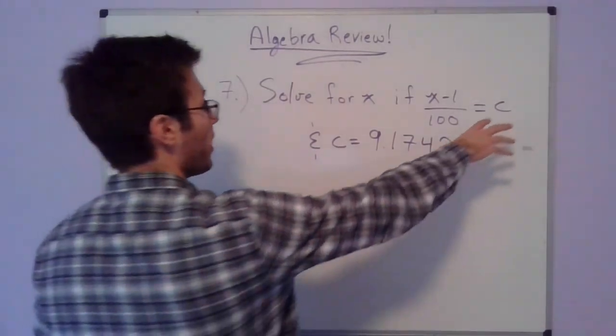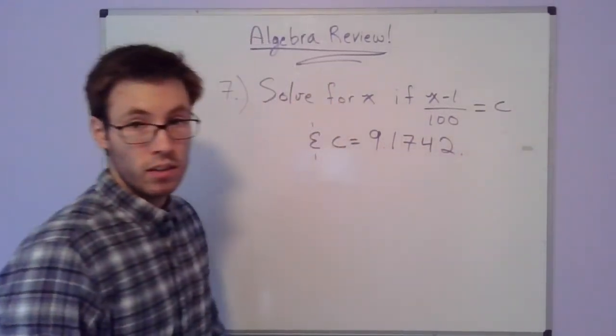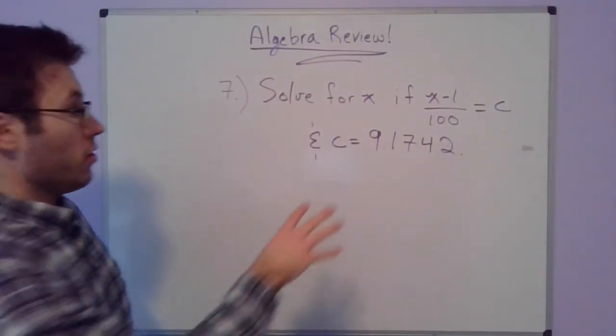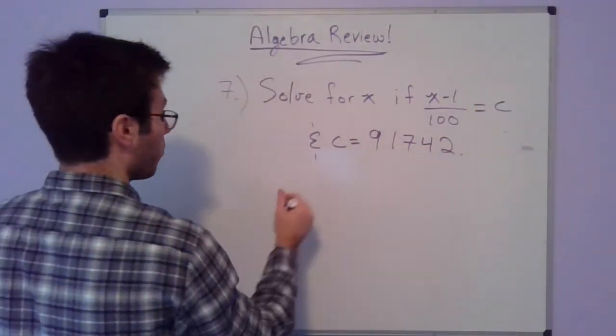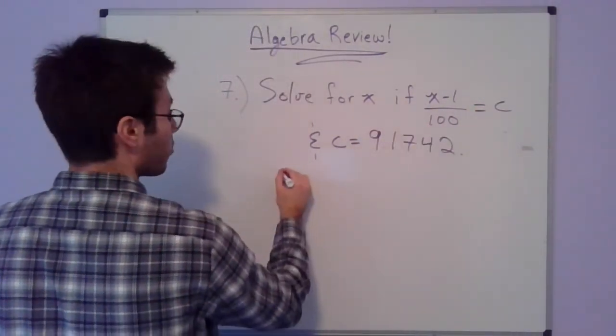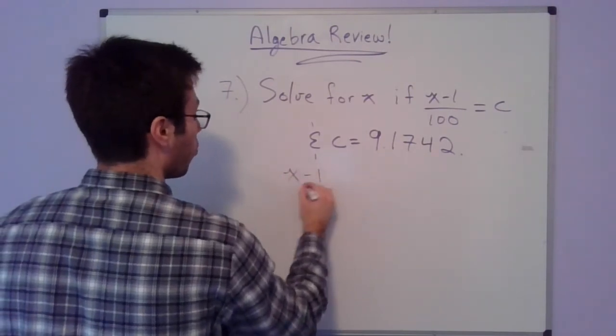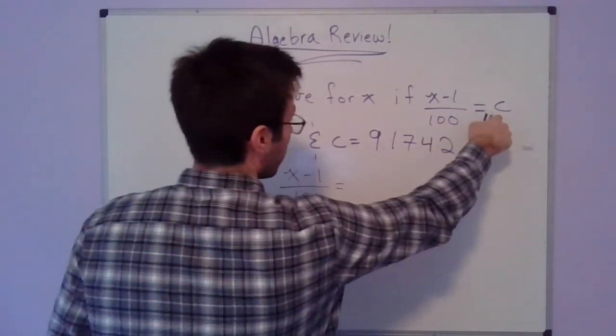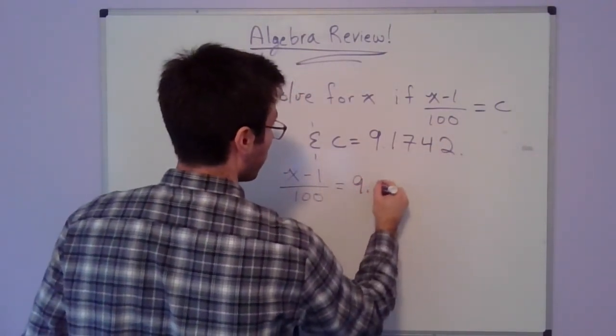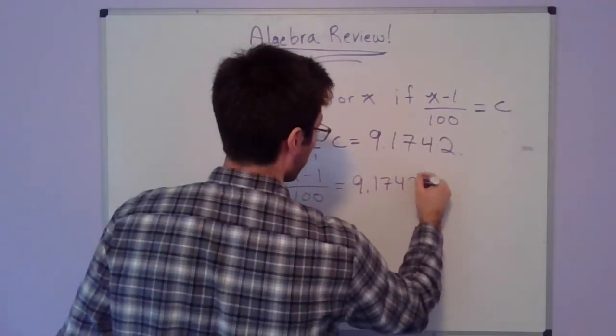Again, I'm stuck with that c right here, right? I'm stuck with that c. So what I'm going to do is rewrite, instead of c, I'm going to just write x minus 1 over 100 is equal to 9.1742.